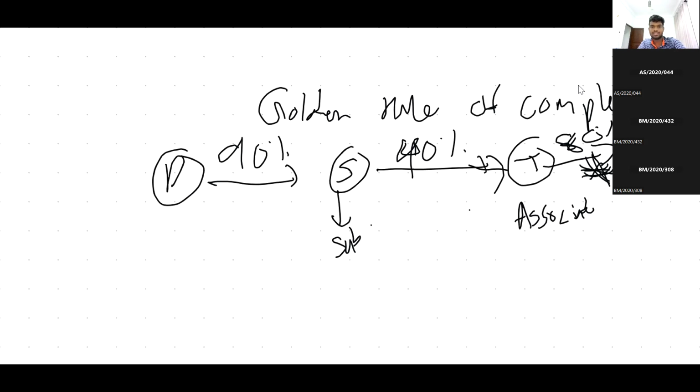After T there is 80% ownership of X, but we do not consider that in the group structure. Because of the golden rule, if there is an associate in the middle of your group structure, from that point onwards we do not consider the other business combination for the group structure.